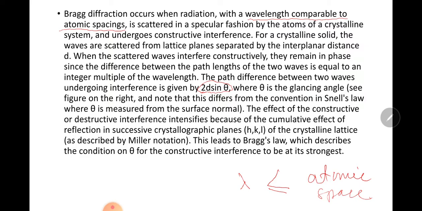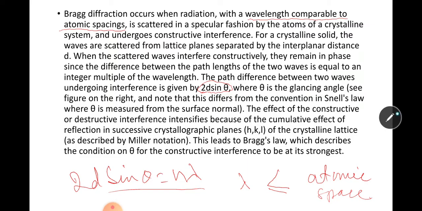Secondly, for the glancing angle theta, the path difference must satisfy 2d sine theta equals n lambda. The path difference will be doubled. We will explain this in the next diagram. So it can interfere constructively or destructively. Both can take place.